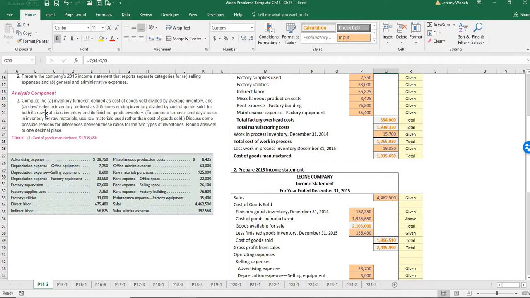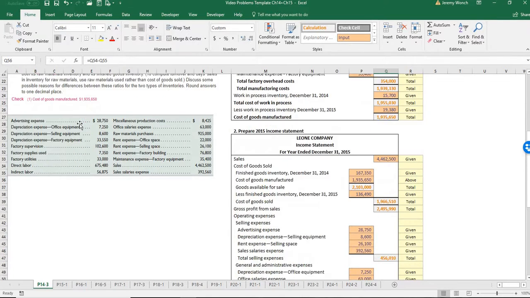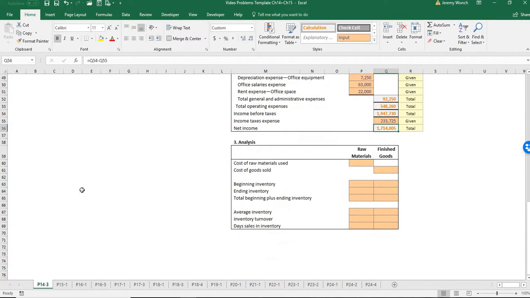Days sales and inventory. Okay, and it wants us to do that for both our raw materials inventory and our finished goods inventory. And so these numbers we've already calculated.